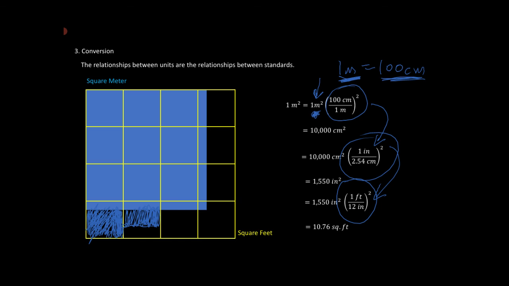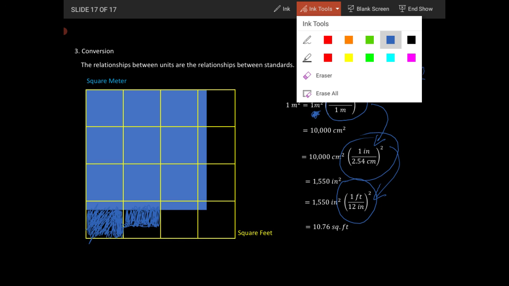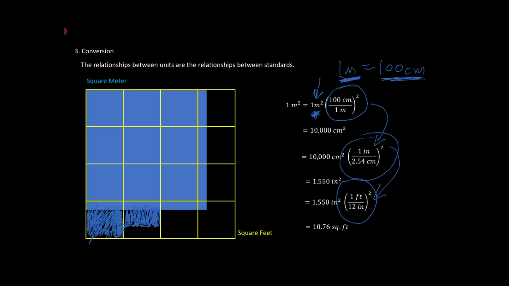And so mathematically, that's what we've done, is we've just erased more or less the stuff in these boxes. Put them into that box over there so that we could figure out mathematically rather than visually exactly how many square feet there were in a square meter.